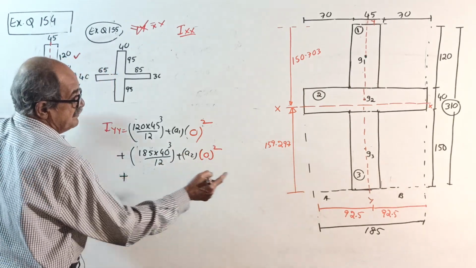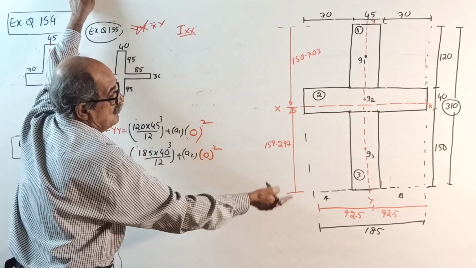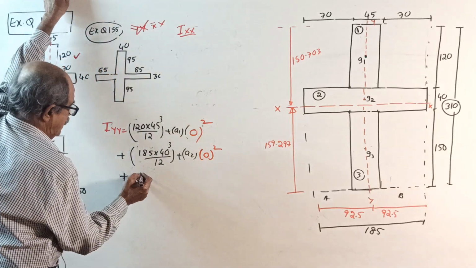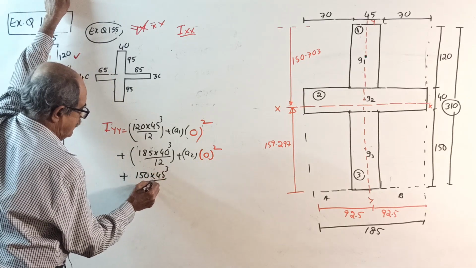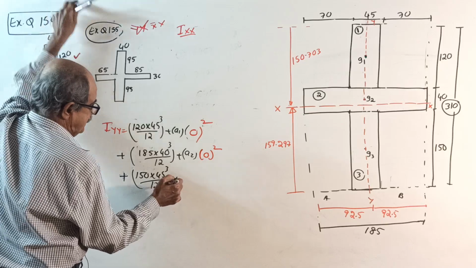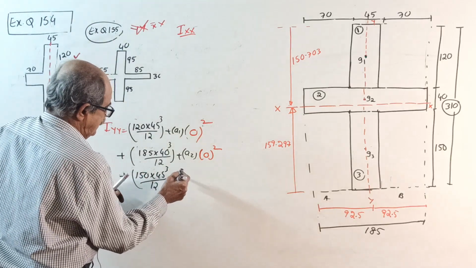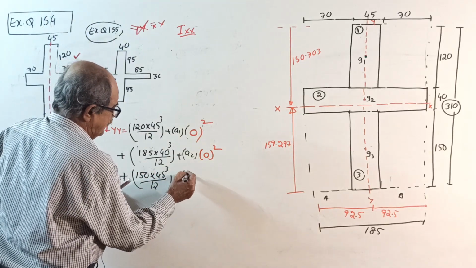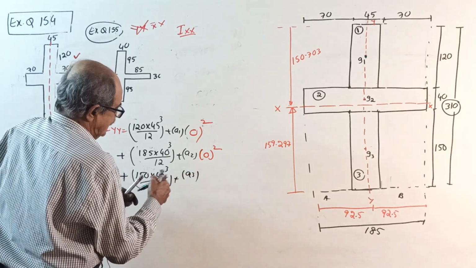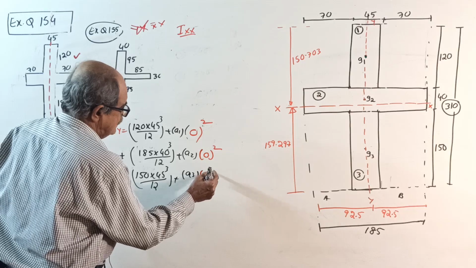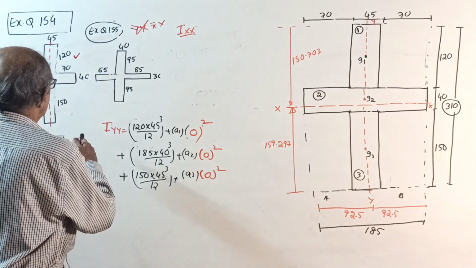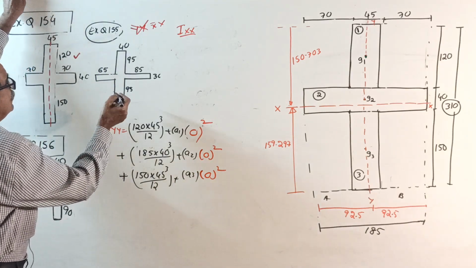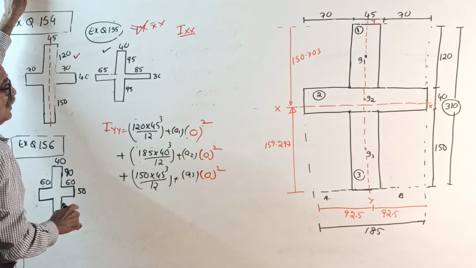Plus last one, I about YY, 150 into 45 cube divided by 12, IG, plus area A3 into 0 square. Over. Find IYY. Okay, this question over. I will come to question 155 now.